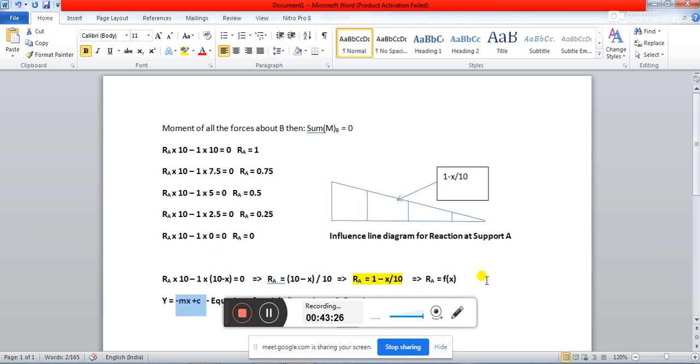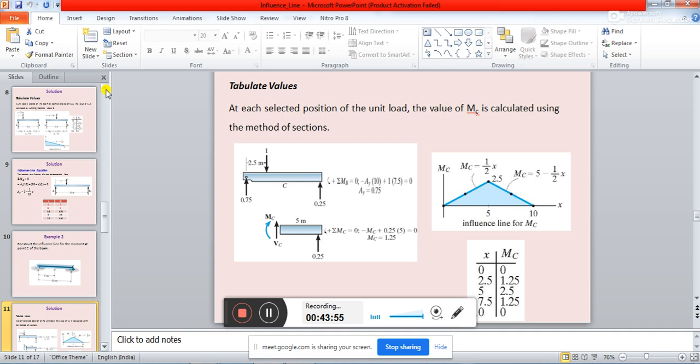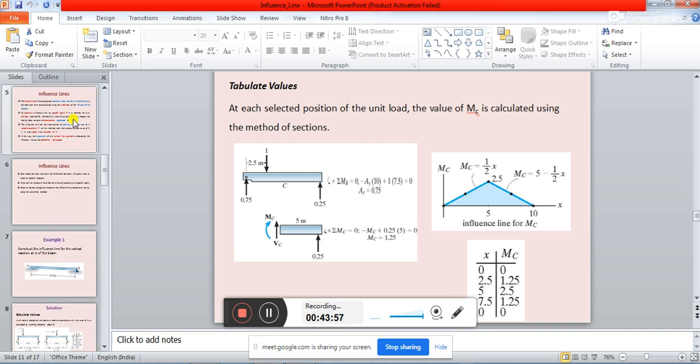So let us take the example. If you notice this one, you will have to find out the influence line for bending moment at point C. Now if you remember, just 2 minutes back I was telling you about this line.